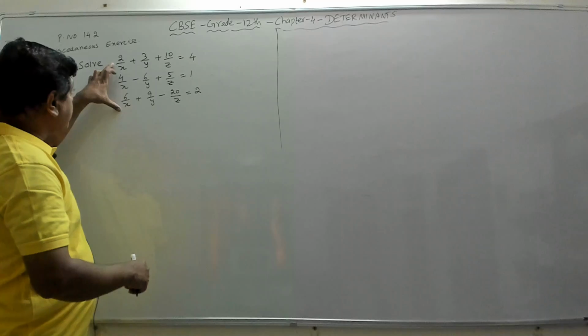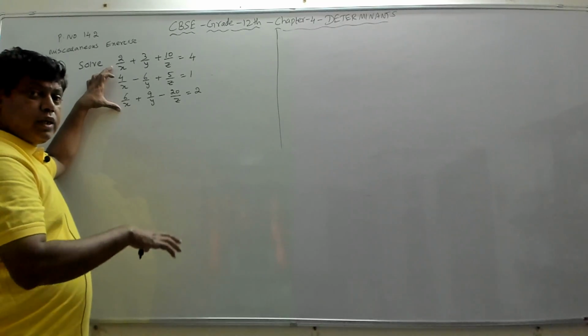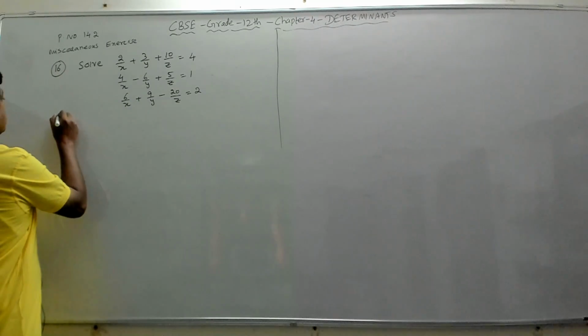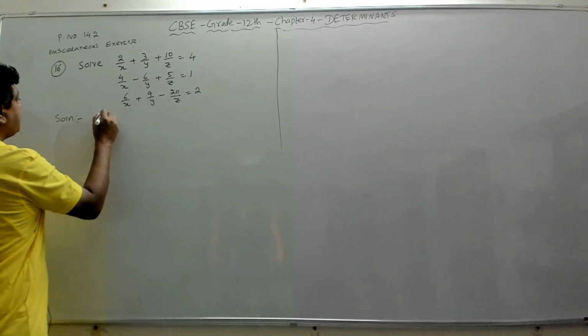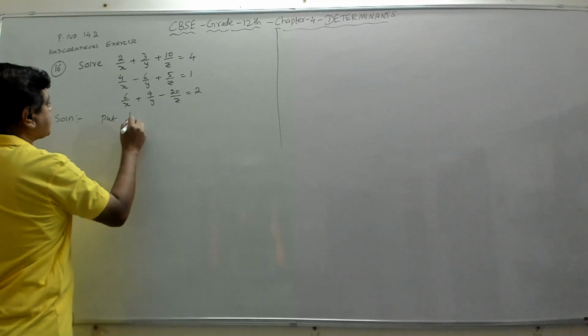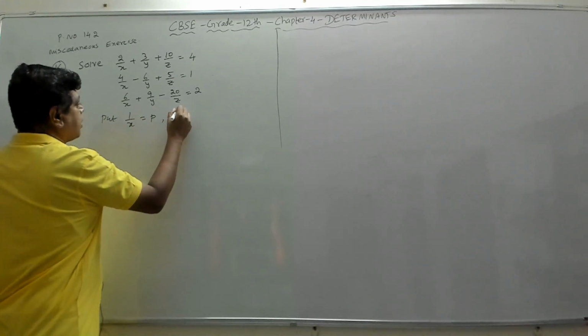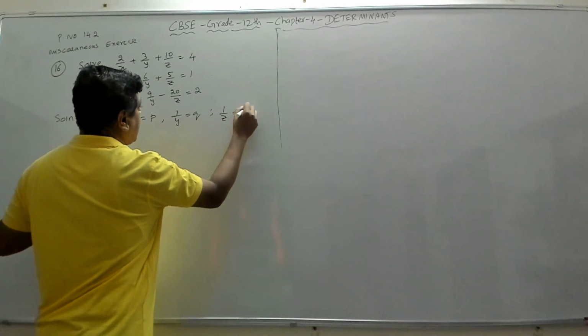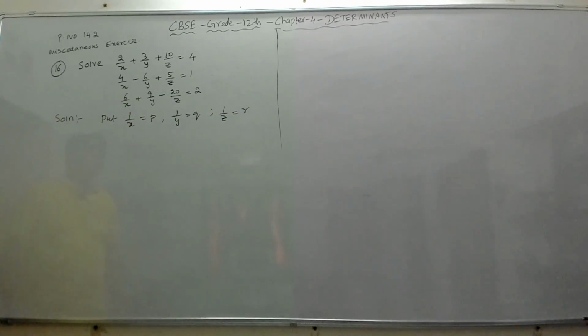So to convert this set of equations into linear equations in three variables, we will make a substitution. We'll put 1 by x as p, 1 by y as q, and 1 by z as r, right? P, q and r.